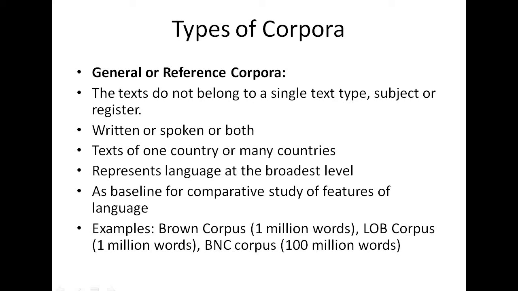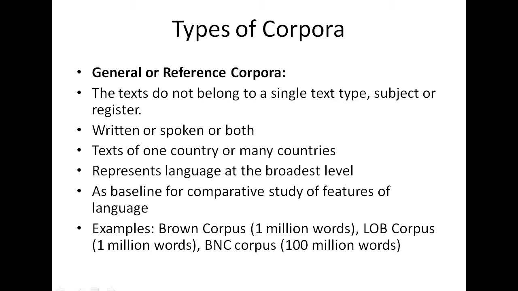So this would become the corpora of one country. But if I take the same kind of text from different countries, that would also be called general or reference corpora.